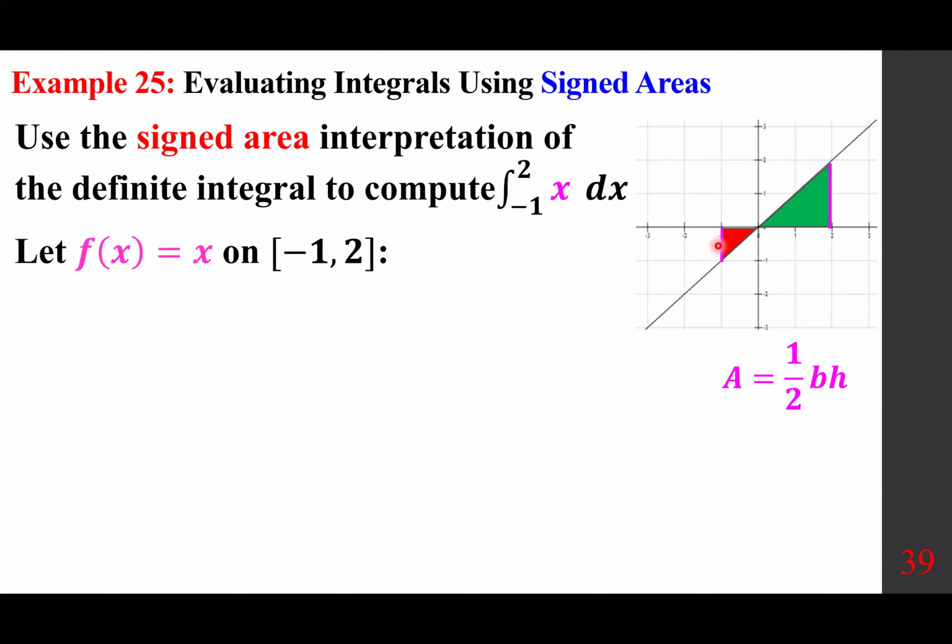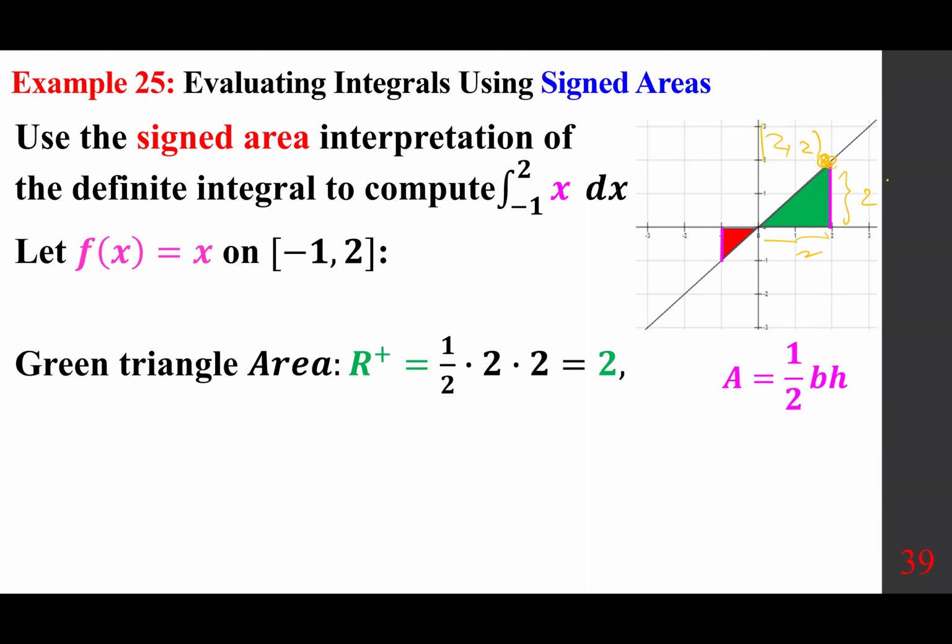So if you look at this point, the coordinates are 2, 2. So this distance is 2, so is this distance. So the area is 1/2 of 2 times 2, or 2.